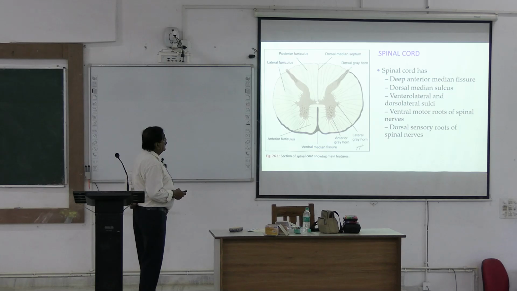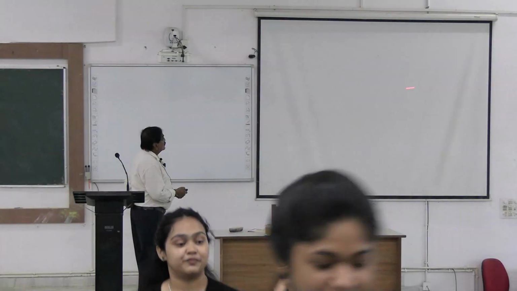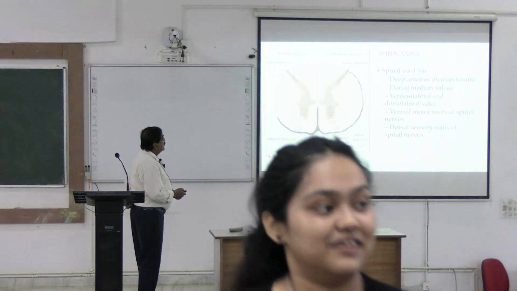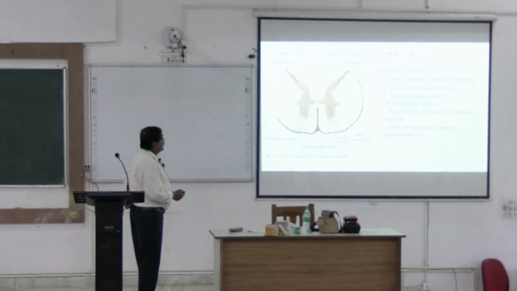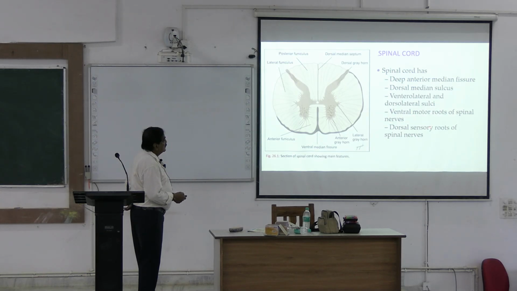Spinal cord has a deep anterior median fissure, dorsal median fissure, ventrolateral and dorsolateral sulci, ventral motor roots of spinal nerves, and dorsal sensory roots of spinal nerves.